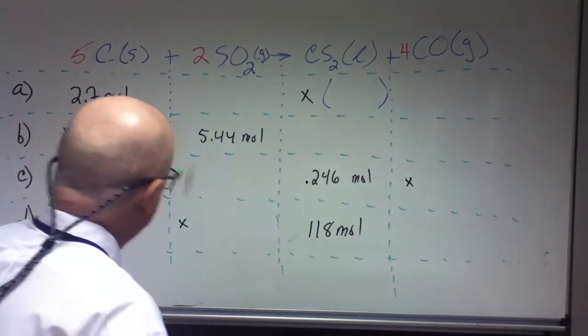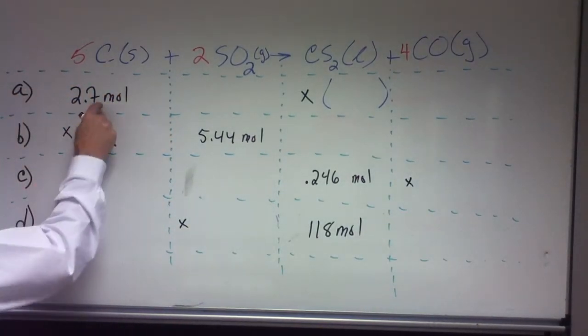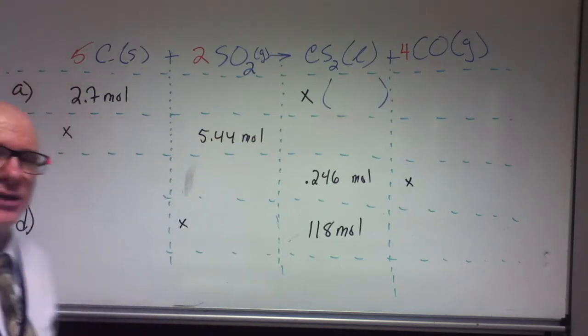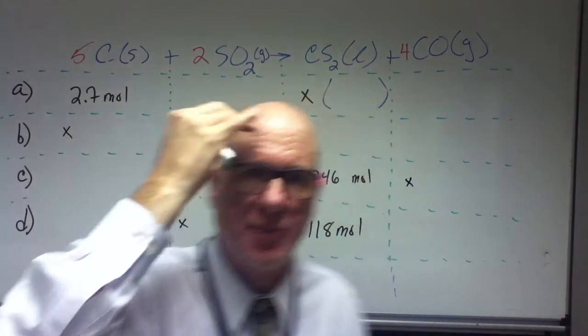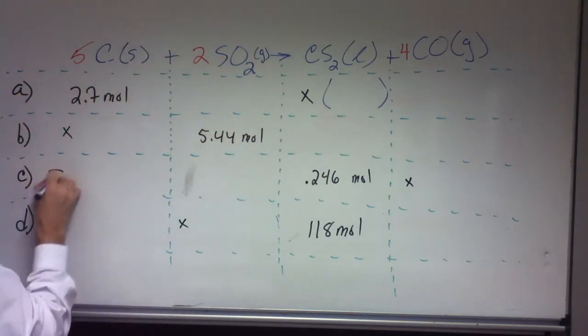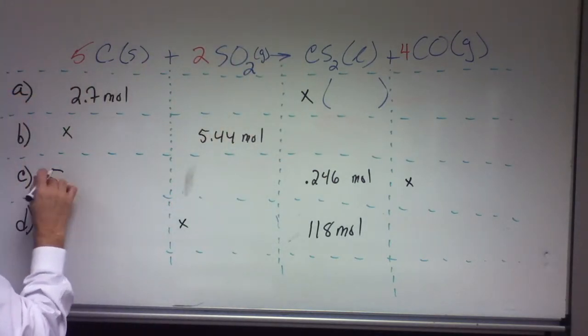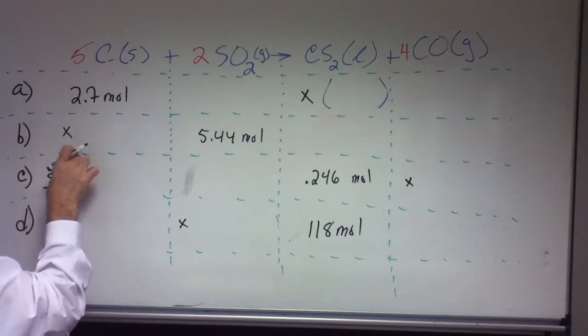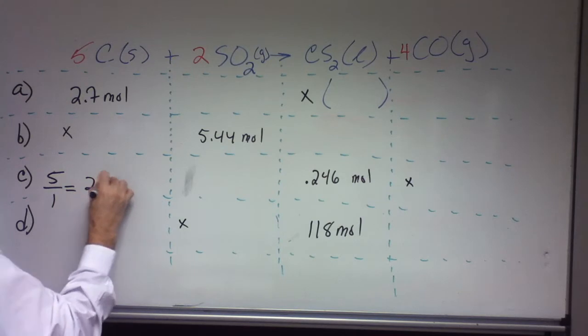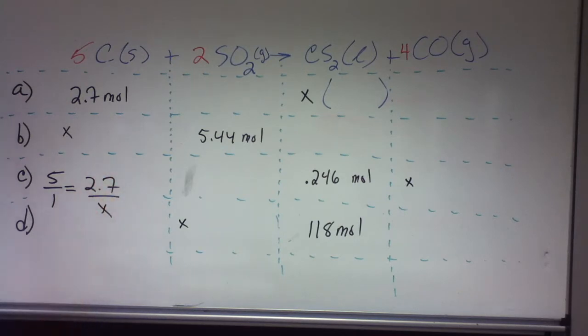Okay, let's do this out. This will be my work area. I'm comparing this with this. Concentrate on the number of moles of each particle. 5 to 1. So 5 over 1 equals 2.7 over x.